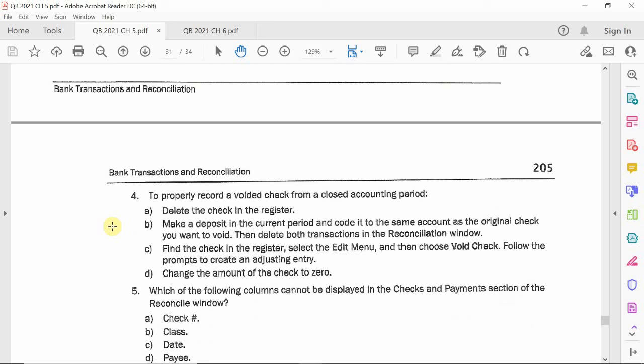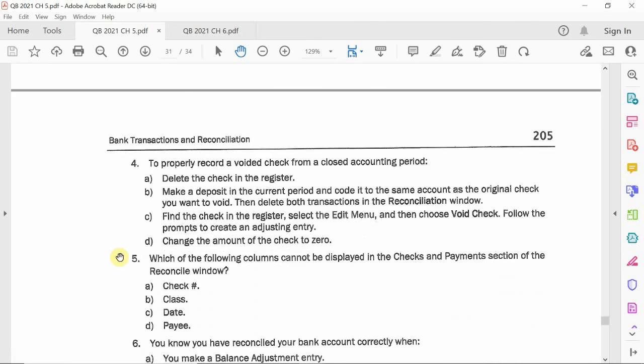I taught you how to void a check. That's all you have to do, especially if it is a closed accounting period, you just have to make the adjustment entry by either or, right? If you don't have access to it, ask your accountant to do it, but you do need to put in a general journal entry to adjust the accounts.